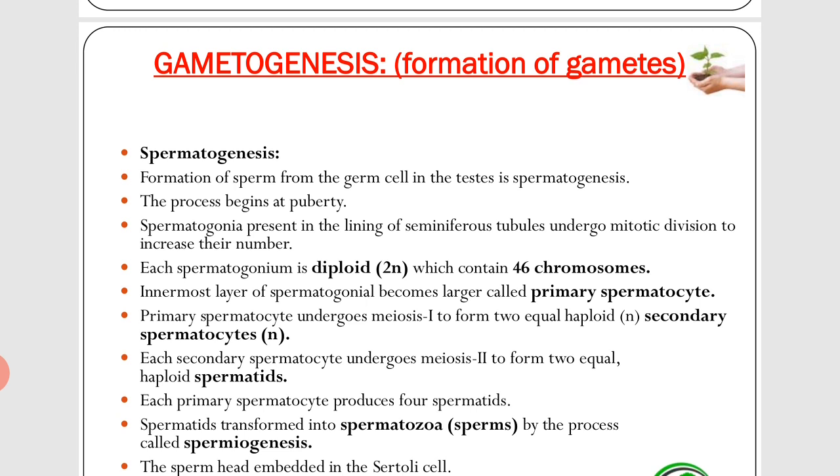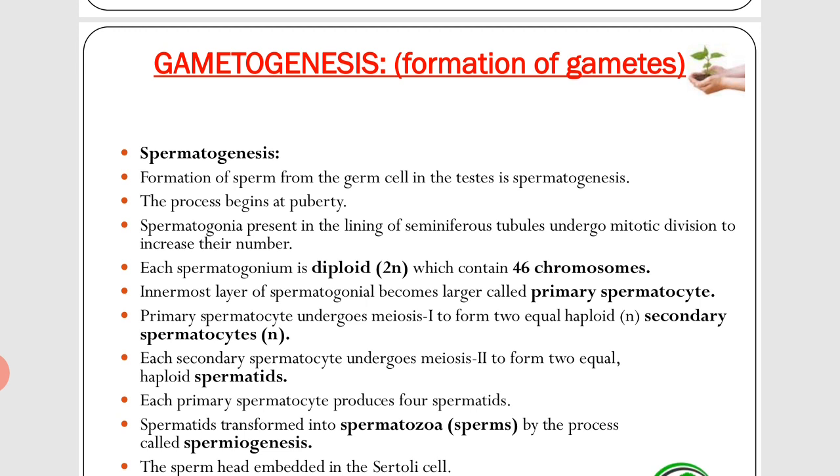Here, regarding the process of spermatogenesis, each seminiferous tubule will be lined by germinal epithelium, which will be made up of 2 types of cells, that is primordial germ cells and Sertoli cells.